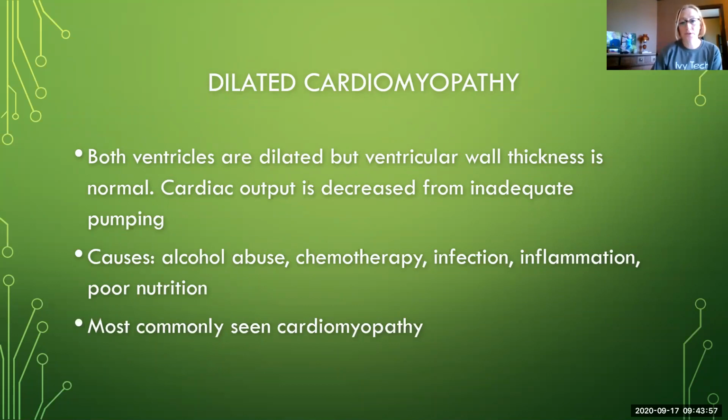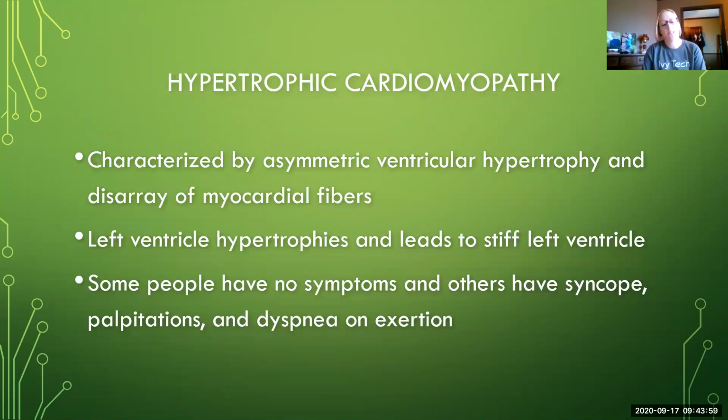And then with our hypertrophic cardiomyopathy, it's characterized by asymmetric ventricular hypertrophy and disarray of the myocardial fibers. So that left ventricle hypertrophies and leads to a stiff ventricle. Some people don't have any symptoms with it, and then others have syncope, palpitations, dyspnea on exertion.